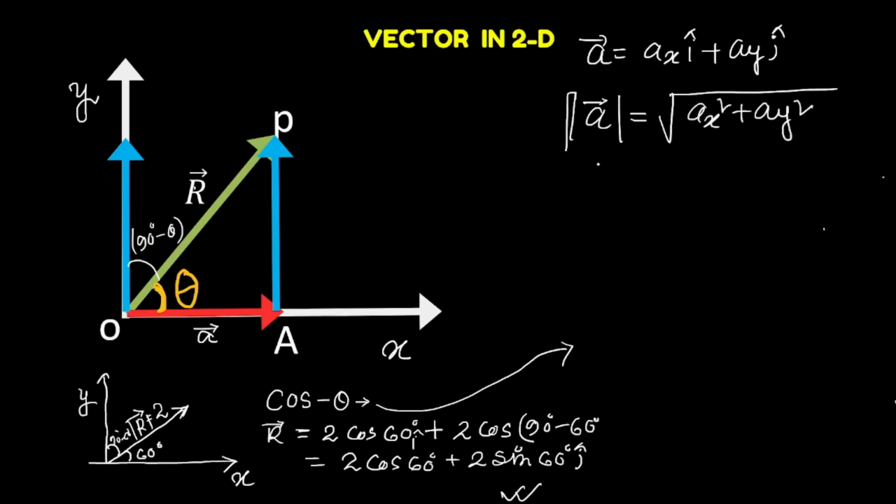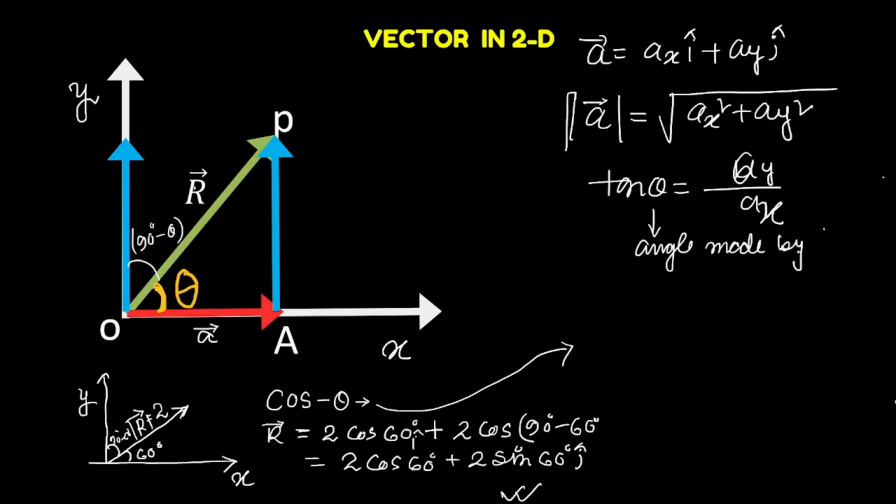Now its direction is given by the angle theta: tan theta is ay by ax, where this theta is the angle made by vector A with the x-axis.